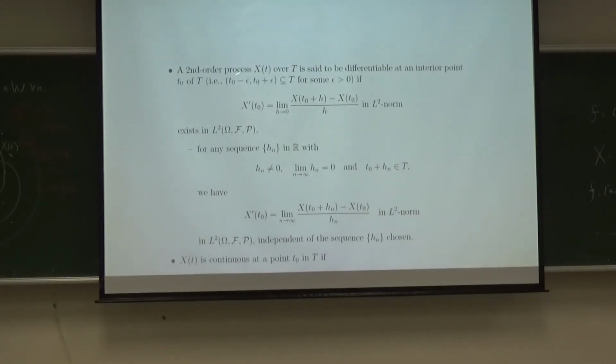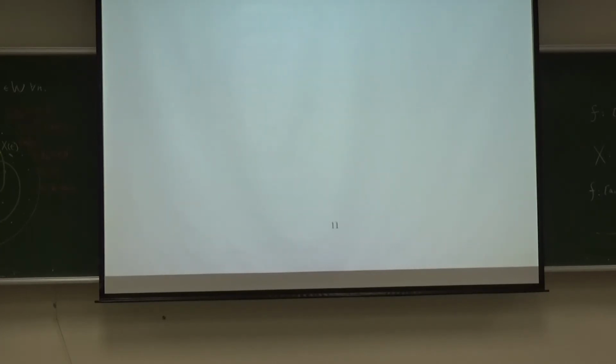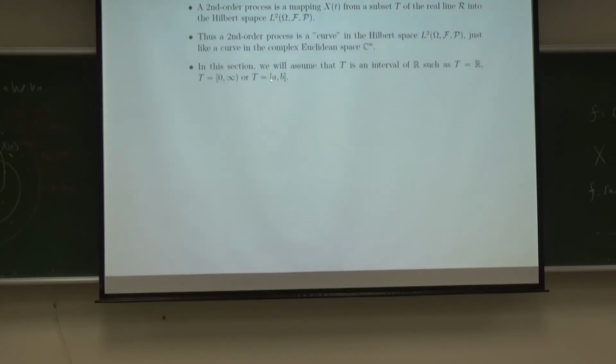A second order process over the time interval, a set of time T, is said to be differentiable at an interior point of T. So it's an interior point, not on the boundary. A is not an interior point. B is not an interior point. Any point between A and B is an interior point. Just like here, 0 is not an interior point. It's a boundary point.